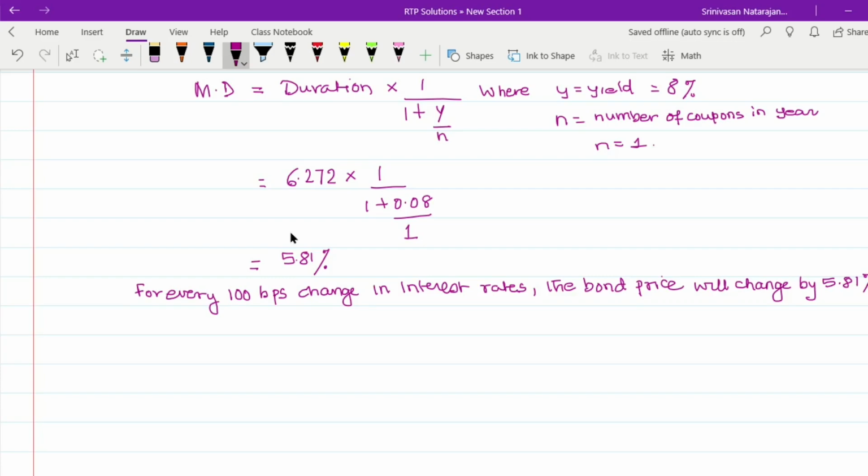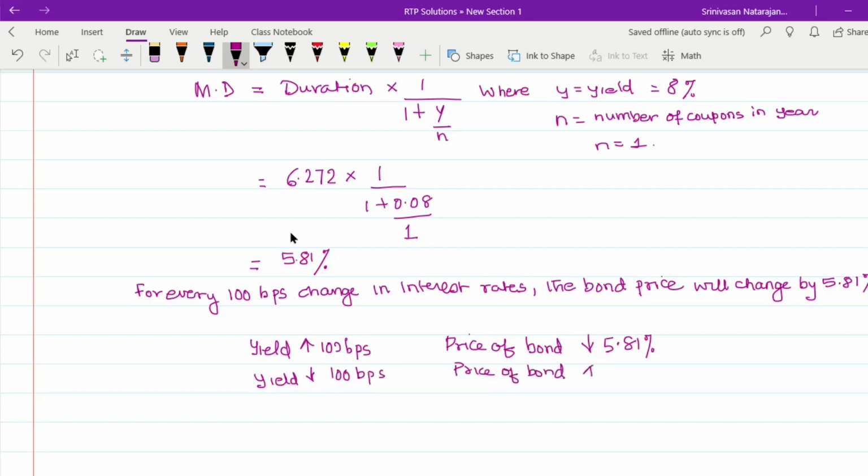Meaning, if the yield goes up by 100 basis points, then the price of the bond will fall by 5.81%. And similarly, if the yield comes down by 100 basis points, then the price of bond will increase by 5.81%.